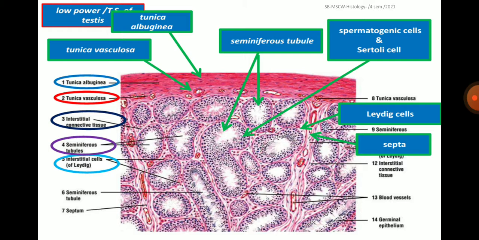The labelings remain the same, which I just explained about the coverings, that is the tunica albuginea, then tunica vasculosa is seen very clearly, apart from which there are the cut sections of seminiferous tubules, in between which there is interstitial connective tissue showing the presence of cells of Leydig, also known as interstitial cells. There are septa also seen. These contain the fibers along with the cut section of blood capillaries.